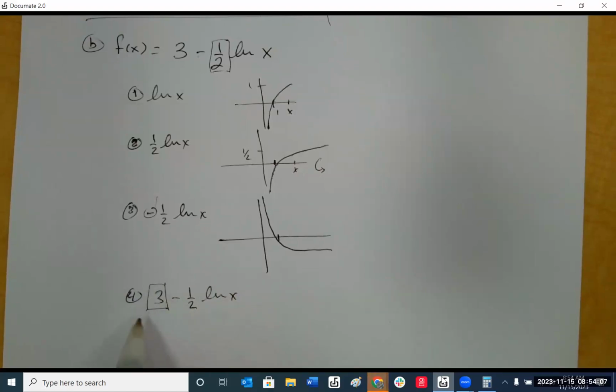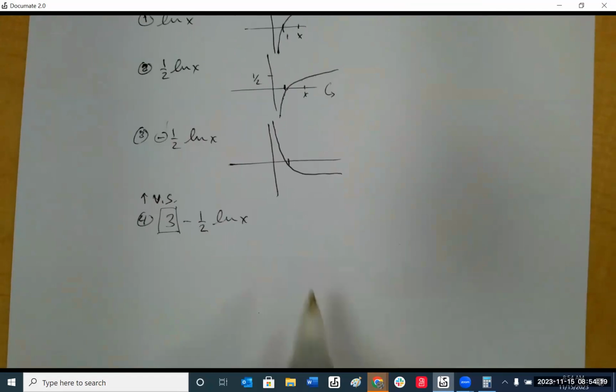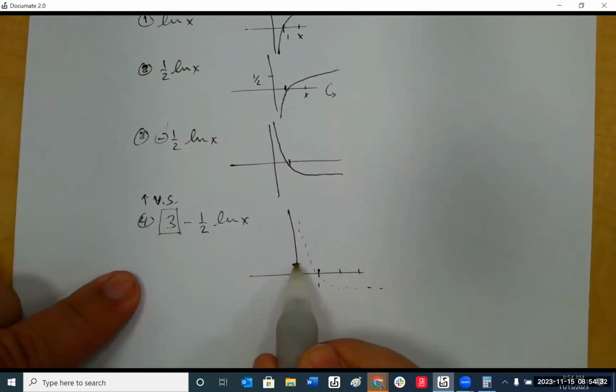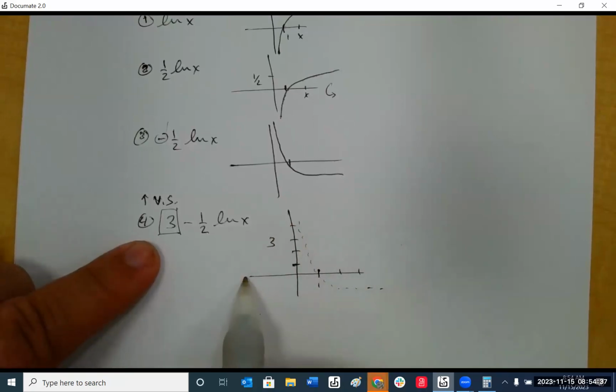Now, since this is positive and it's not affected by x, this is a vertical shift. Since it's positive, I go up 3 spaces. Remember, the graph used to look like this. Now I have to go up 3 spaces. 1, 2, 3. So this origin shifts up to here.